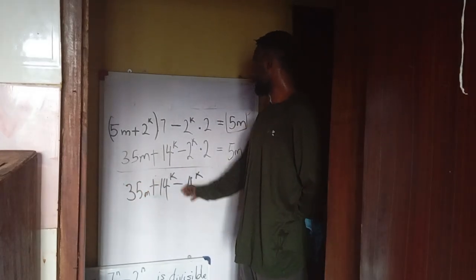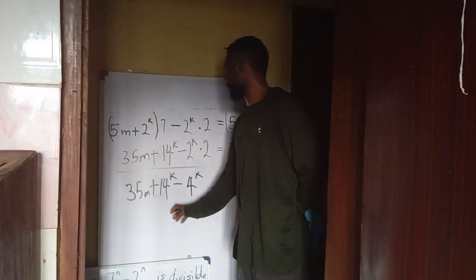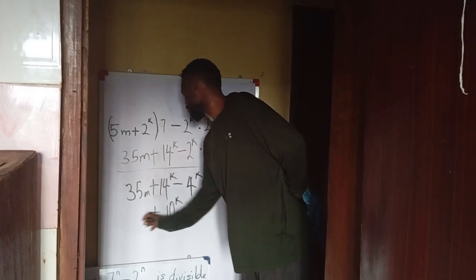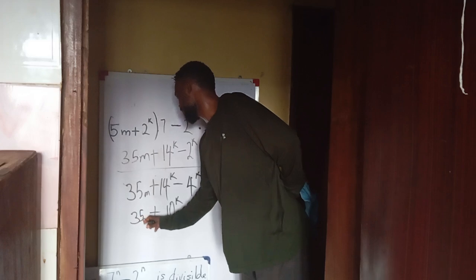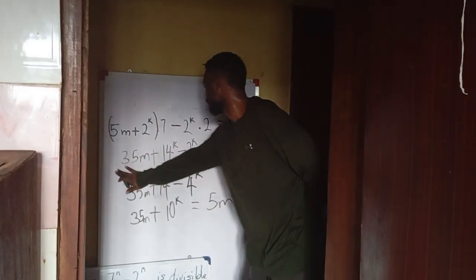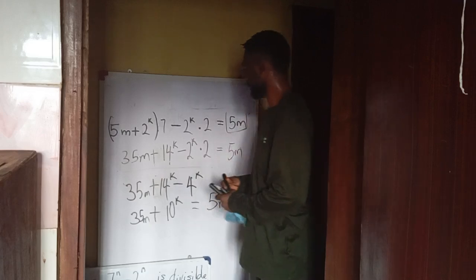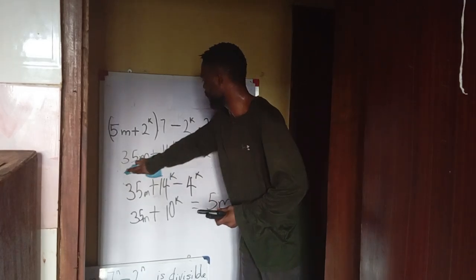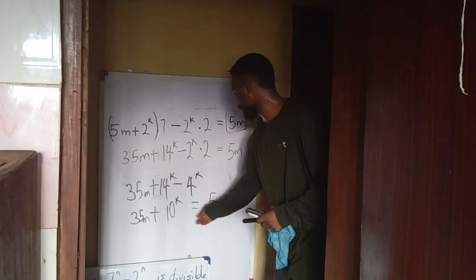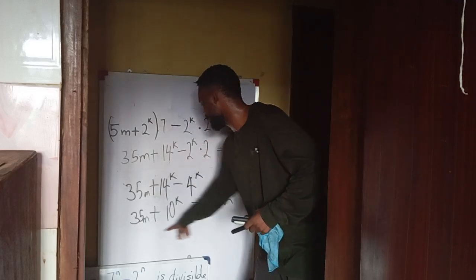If I do this now, this will be 14 minus 4, which is going to be 10 raised to power k plus 35n is equal to 5n. If you check it now, you see that everything here can very well be divided by 5.